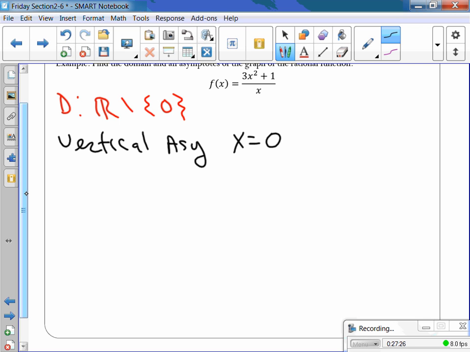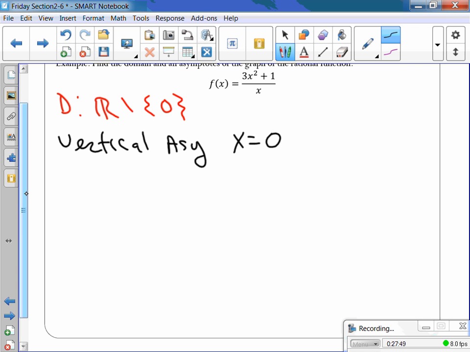You can't divide by 0, so you can't use synthetic. You cannot use synthetic division to divide this.